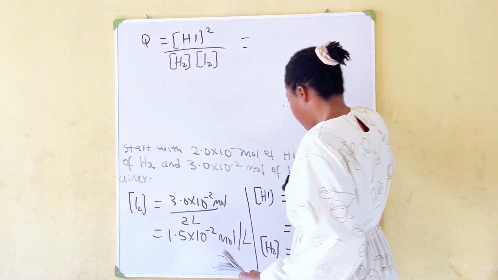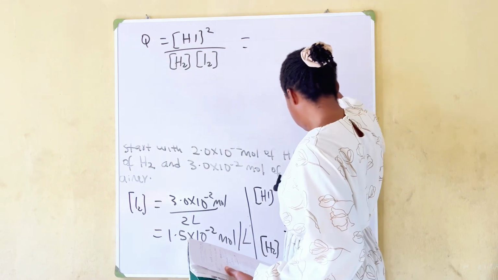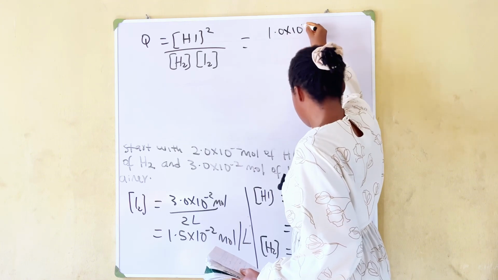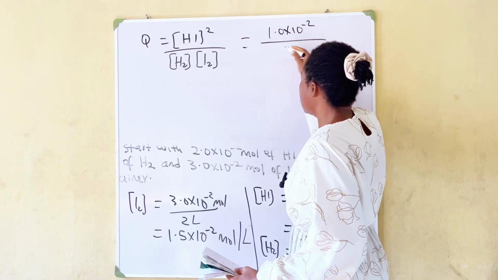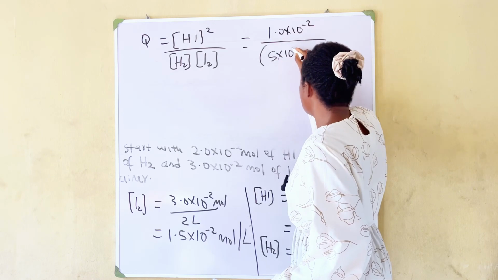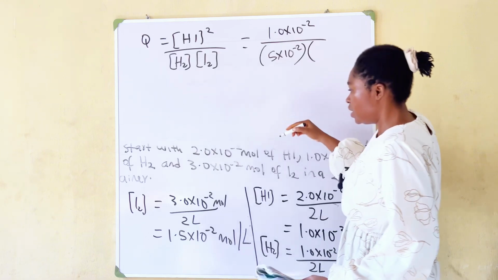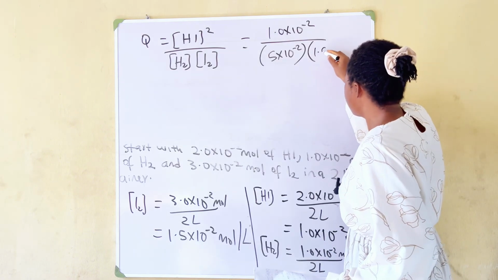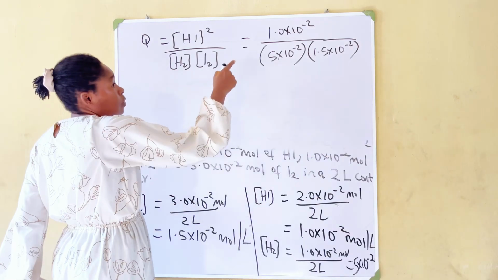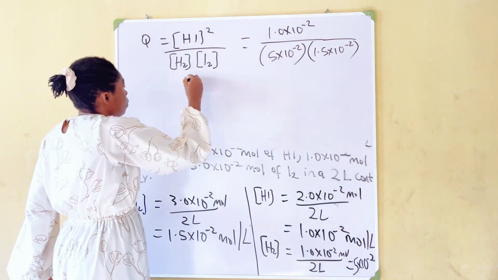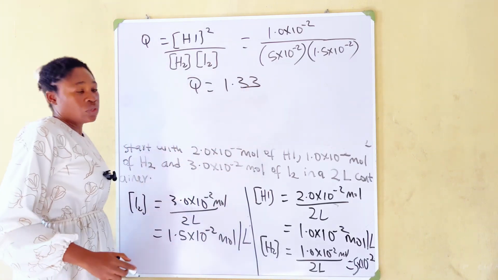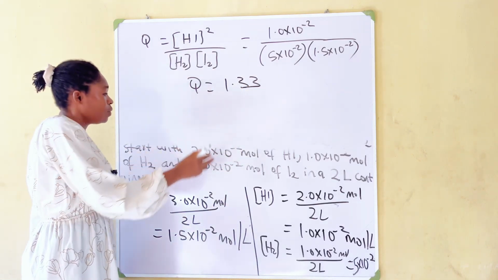The one for hydrogen iodide is 1.0 times 10 raised to the power minus 2, that of hydrogen is 5 times 10 raised to the power minus 3, and the one of iodine is 1.5 times 10 raised to the power minus 2. So Q is going to be 1.33. This is the value for Q.